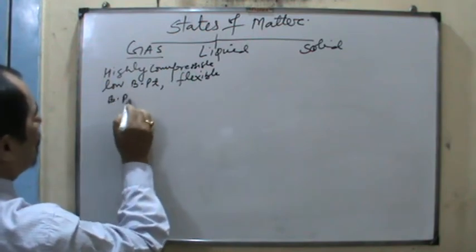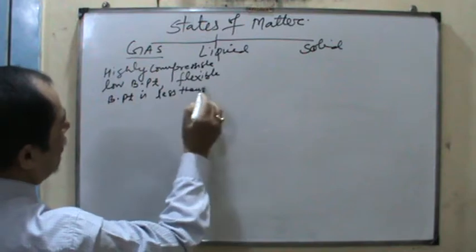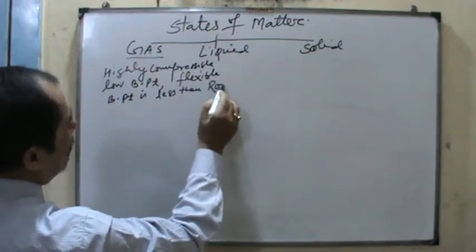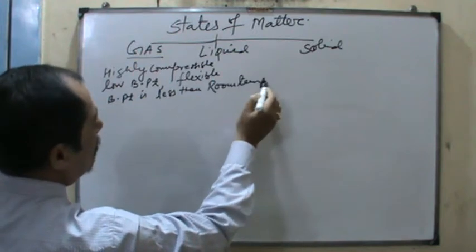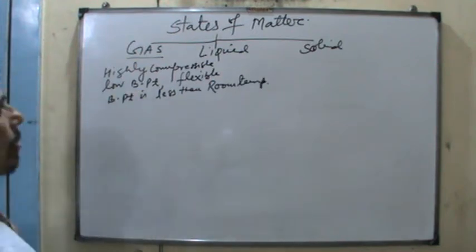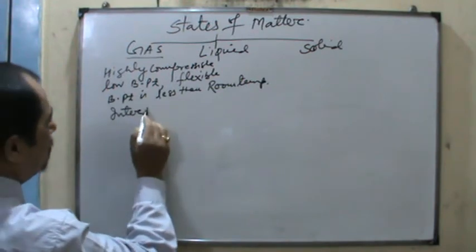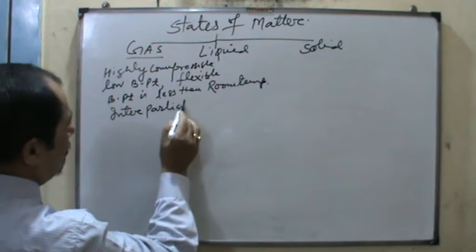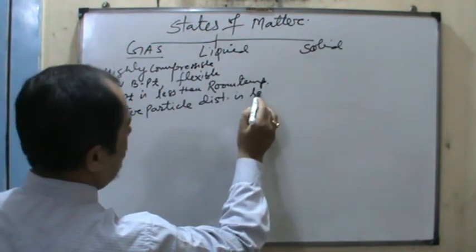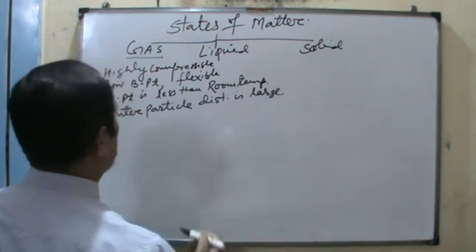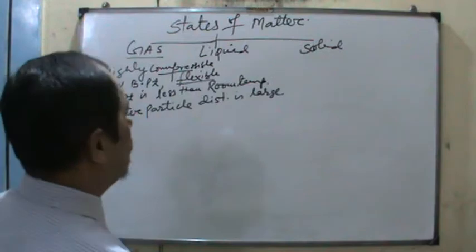The boiling point is less than room temperature, and the intermolecular or interparticle distance is large. So they are highly compressible and highly flexible.